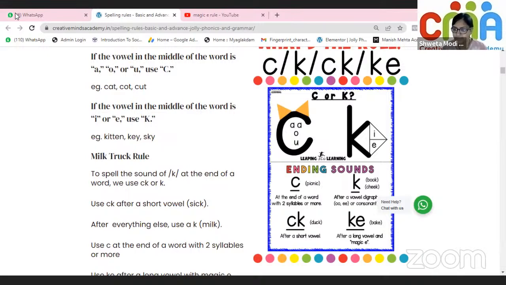There are so many words having only K at the end. Okay, so that's your task for today. Think of some words and you can share them with me on WhatsApp also. You all are there. So let's move to the next one.